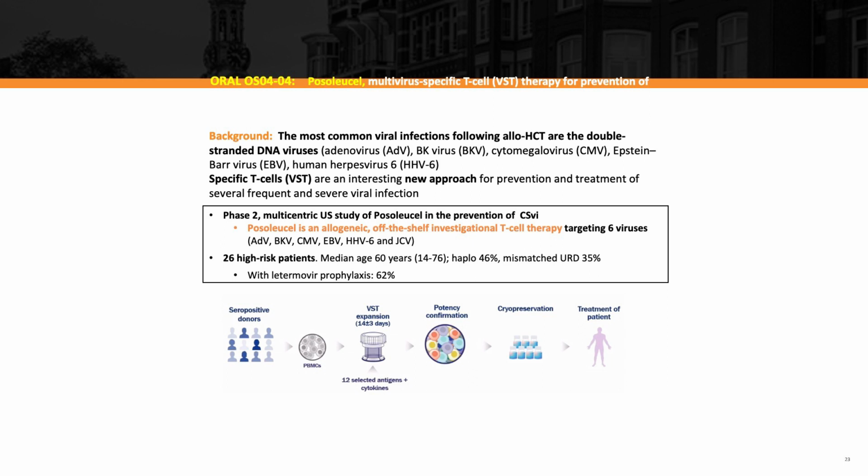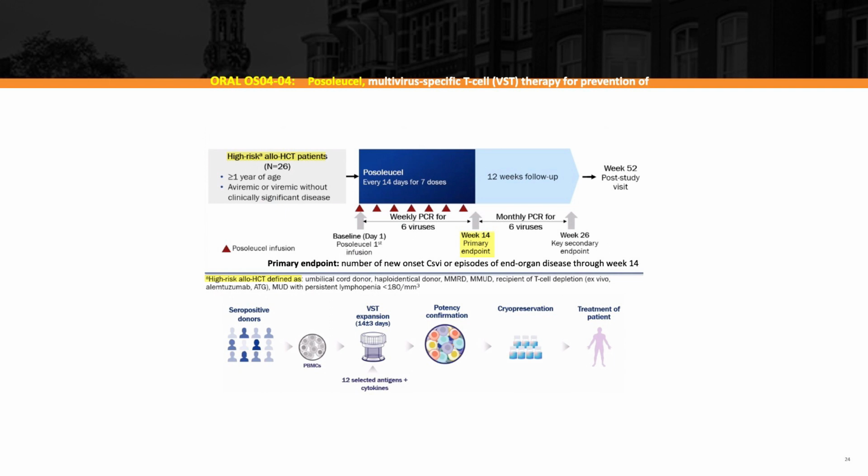So this is an interesting approach, where they select 26 high-risk patients that in theory are at high risk to develop some of these infections, and they use these cells prophylactically. Here is the summary of how they produce them. At the end, they cryopreserve the cells, and they are used after the transplant from unrelated donors.